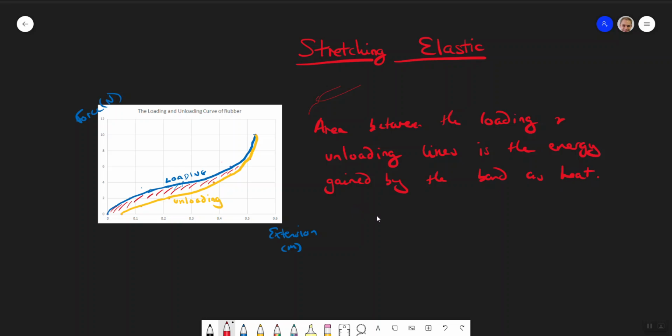So during repeated cycles, if you stretch and relax, stretch and relax an elastic band, it will get hotter and hotter and hotter over successive cycles.